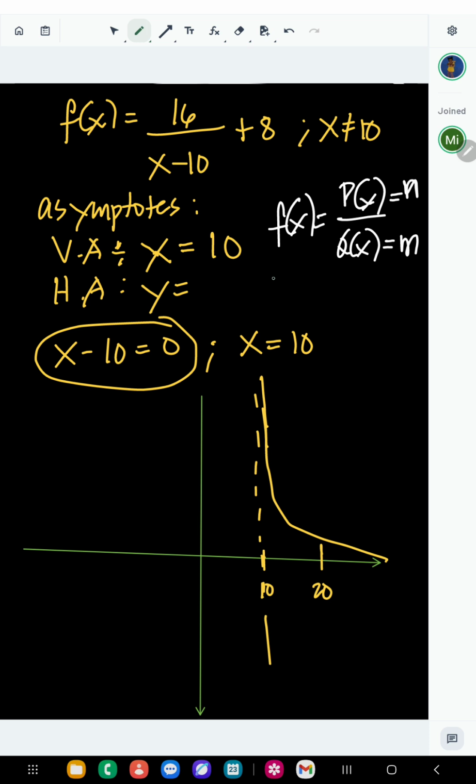Okay, when n is less than m, the horizontal asymptote is equal to 0. Then when n is equal to m, then when n is greater than m, there will be no horizontal asymptote.